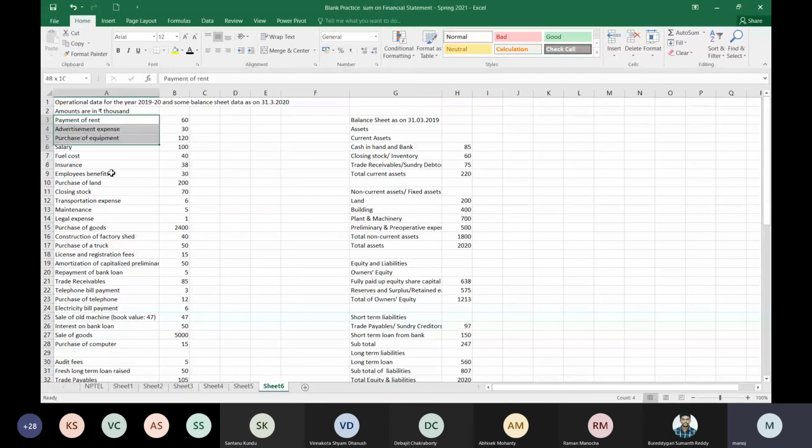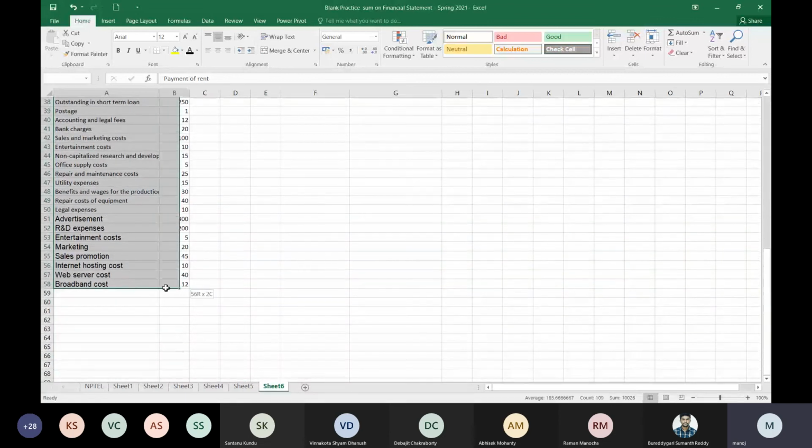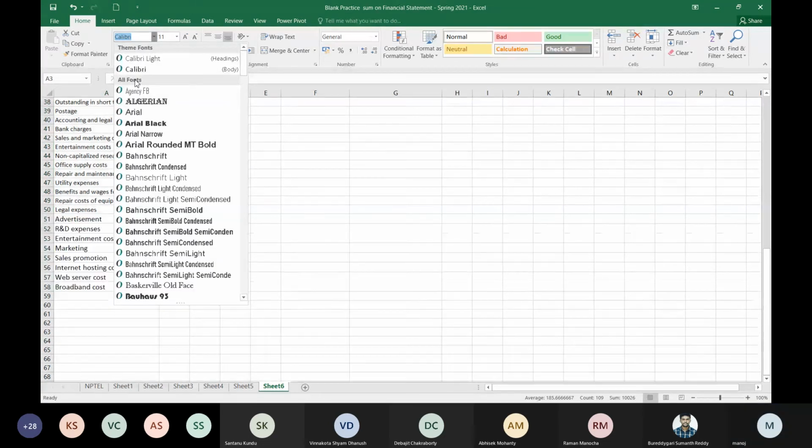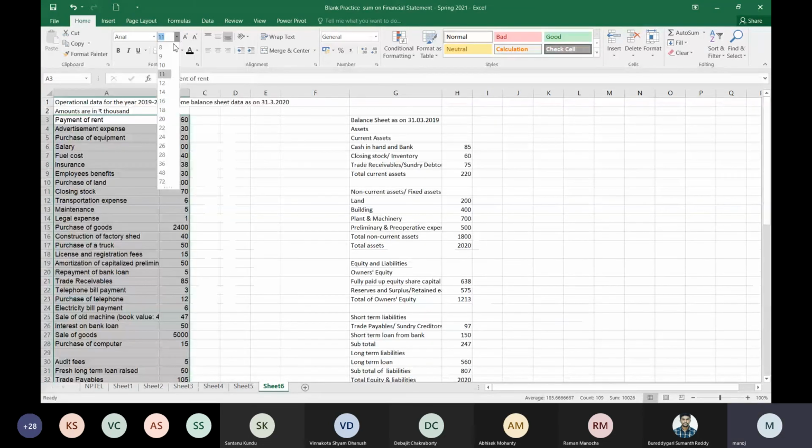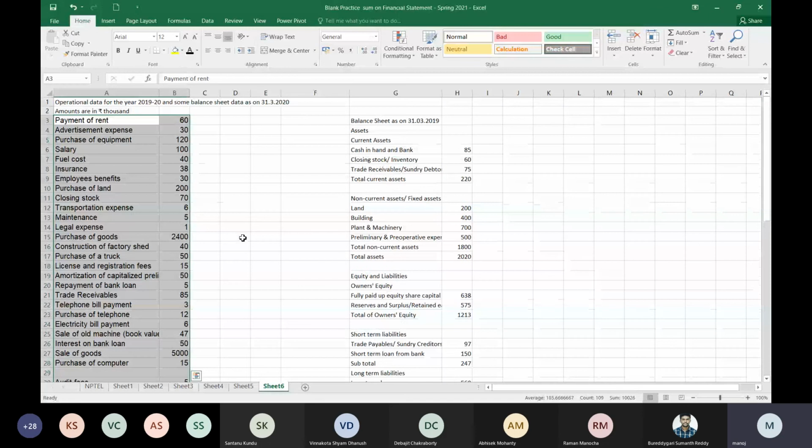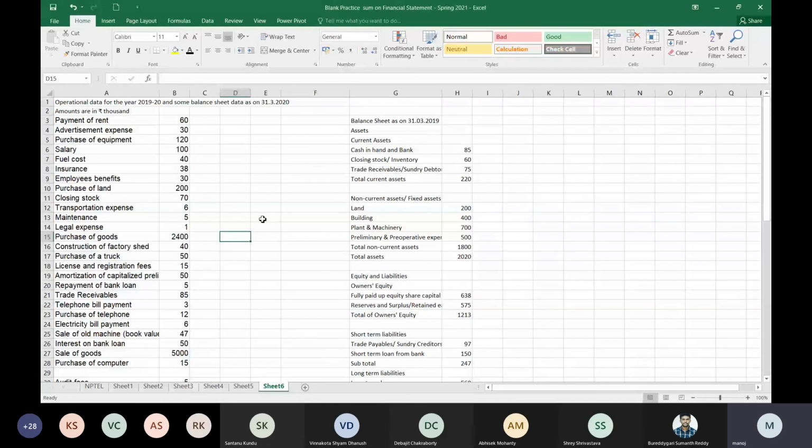And the previous year balance sheet is already there. So our job is to prepare the profit and loss account, then balance sheet, then cash flow statement.